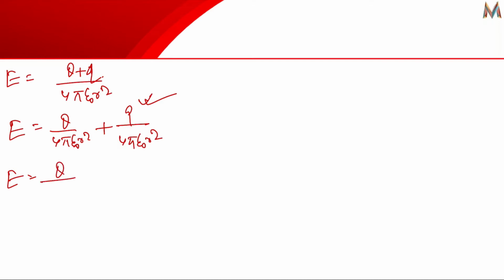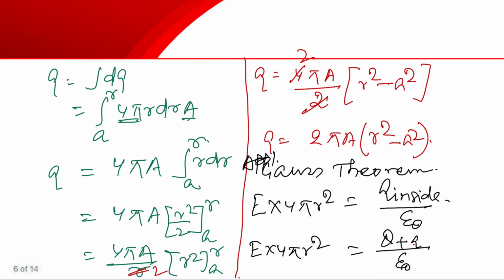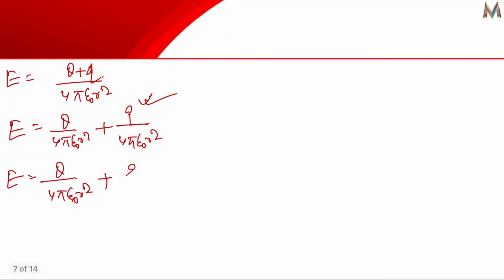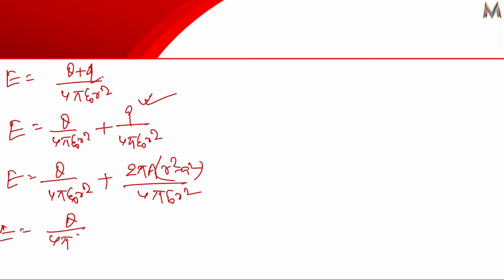First, let us write Q upon 4 pi epsilon naught r square, and then the value of q is 2 pi a into r square minus a square, upon 4 pi epsilon naught r square.